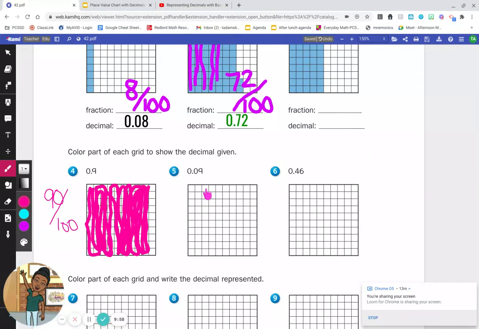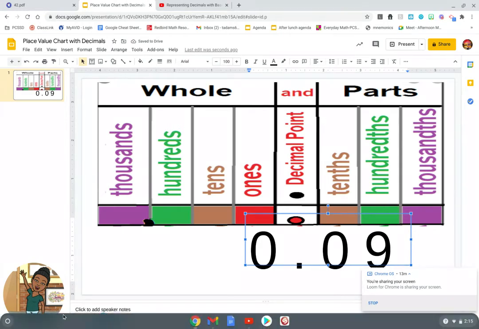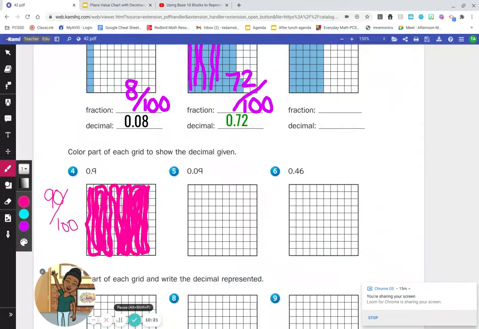Number 5. How can we say this? 0.09. Back to the handy dandy place value chart that I know you have on your paper. 9 hundredths.